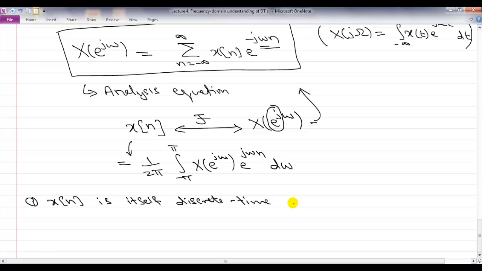The frequencies themselves are continuous. Okay? So I can talk about 0.00001 pi frequency. The discrete time frequencies themselves that arise from the discrete time Fourier transform are continuous. Okay.